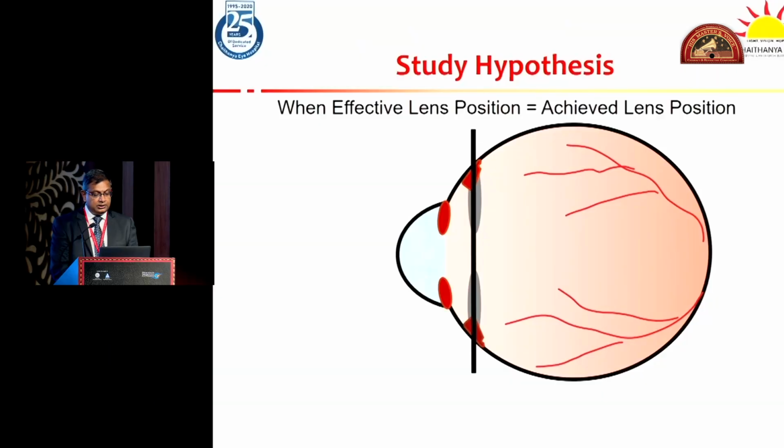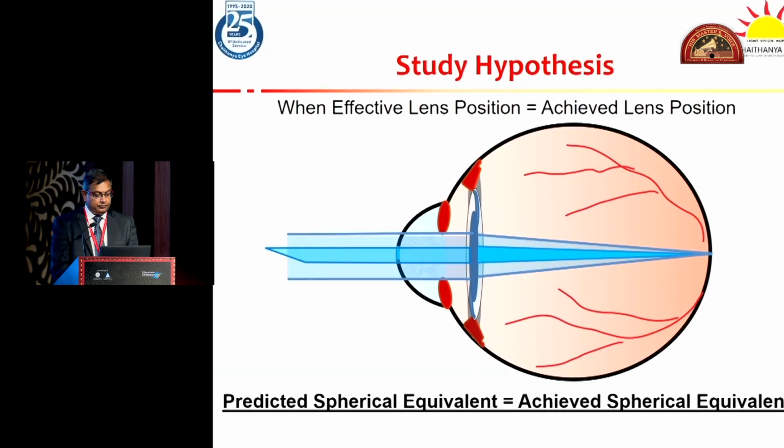Dr. Holladay was the first person to come up with a formula for the ELP. What does the ELP do? When the effective lens position is equal to the achieved lens position, that is, what is planned preoperatively is equal to what is achieved, you get emmetropia.